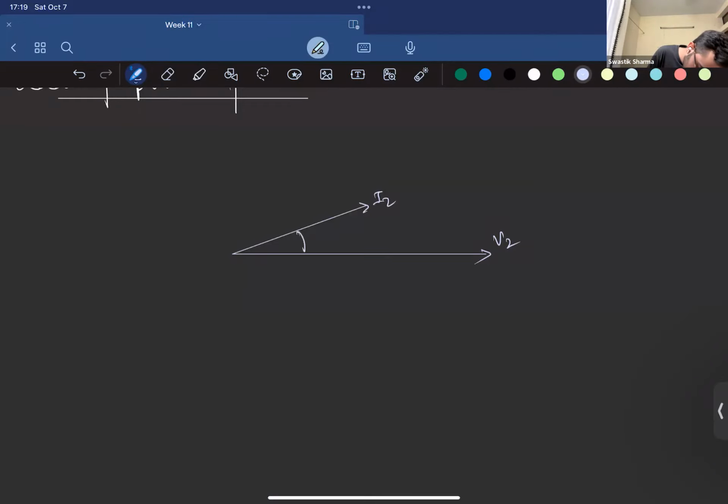This is I2 leading it by phi. Right. So again, similar thing. Since it's leading, this is I2 RE2. This is I2 XE2. This is our E2. And this will be delta.